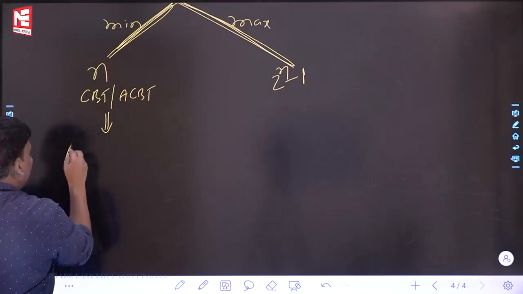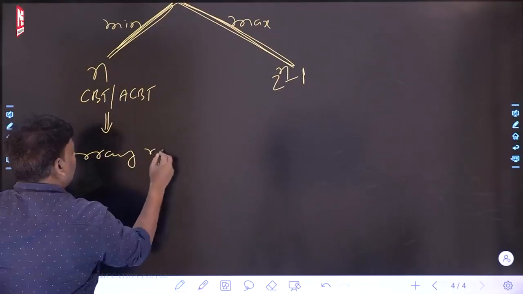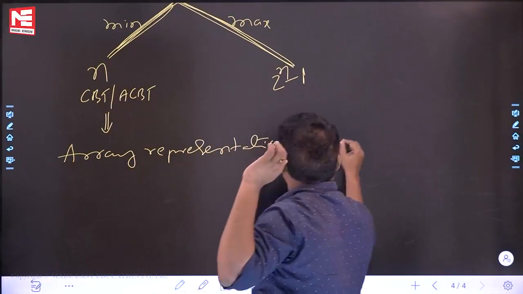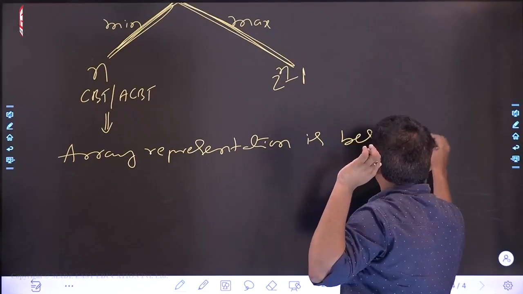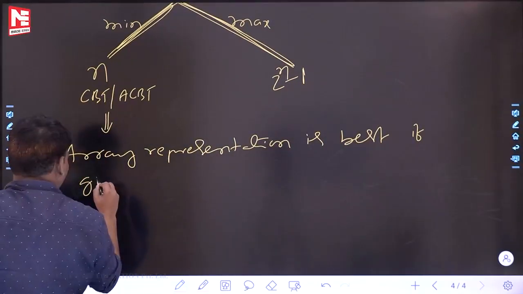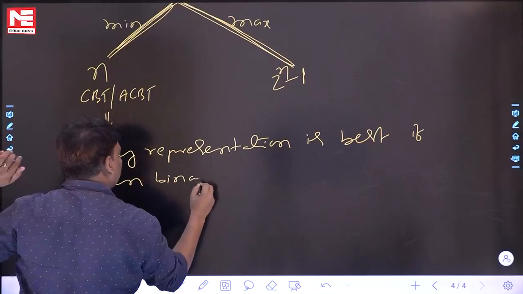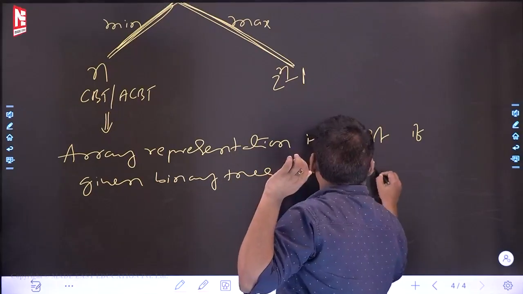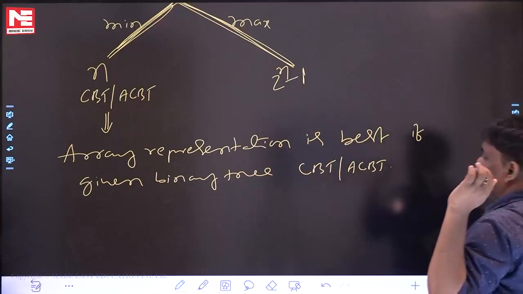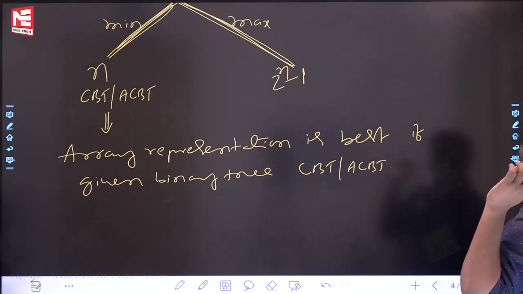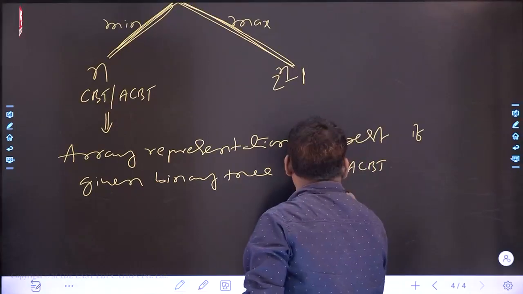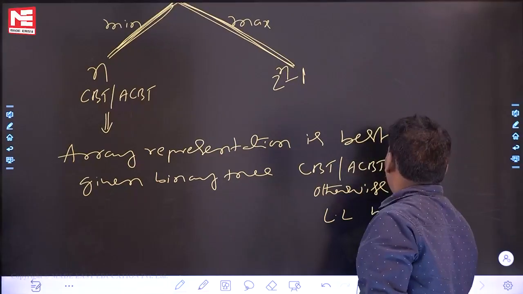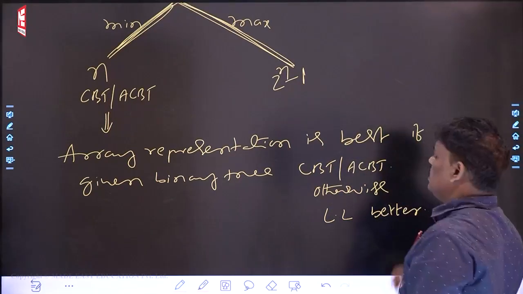From this conclusion, array representation is the best idea if the given binary tree is a complete binary tree or almost complete binary tree. Otherwise, linked list is better.